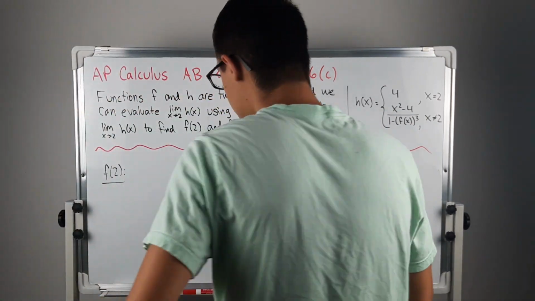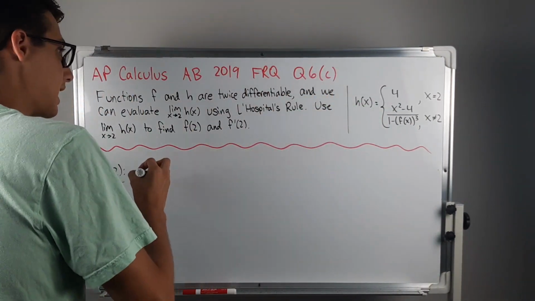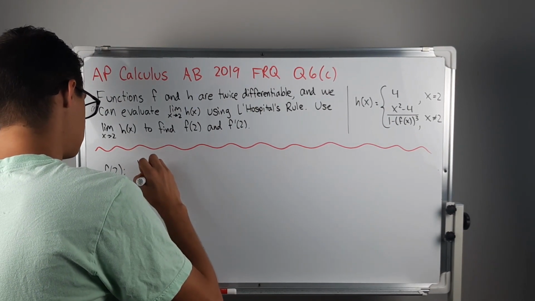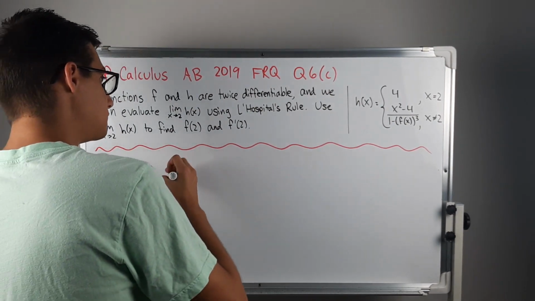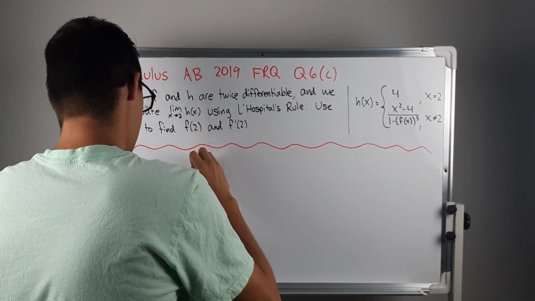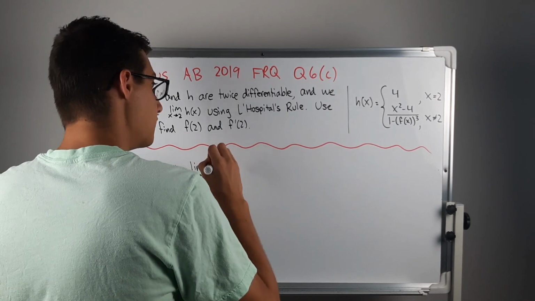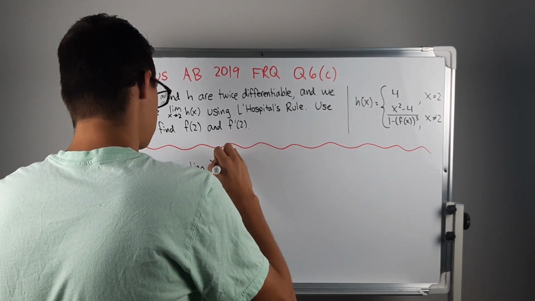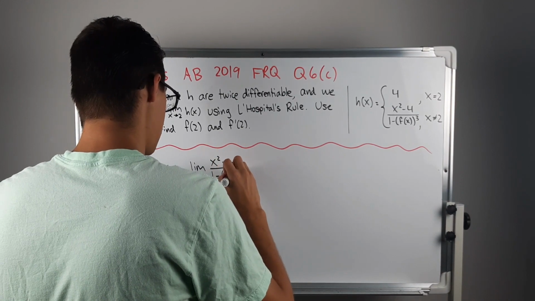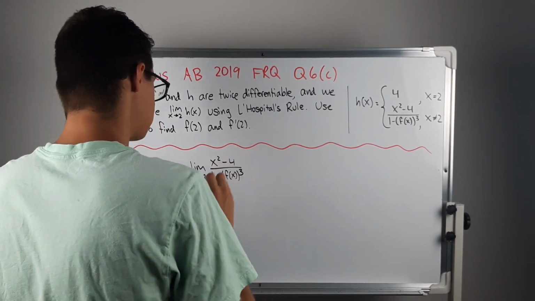So the limit as x approaches 2 of h of x is simply the limit as x approaches 2 of x squared minus 4 over 1 minus f of x cubed.